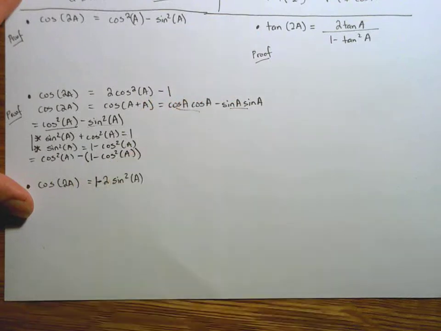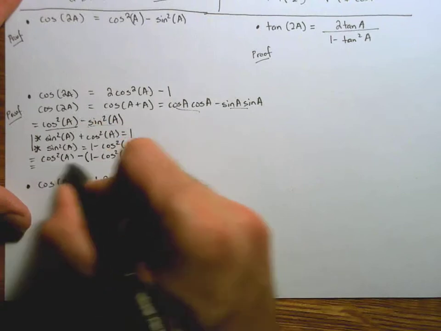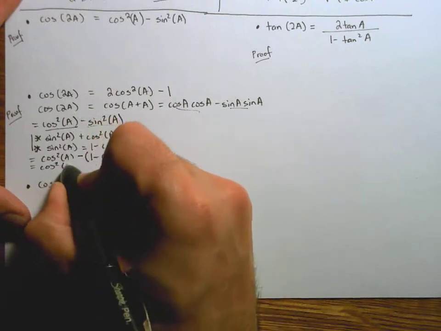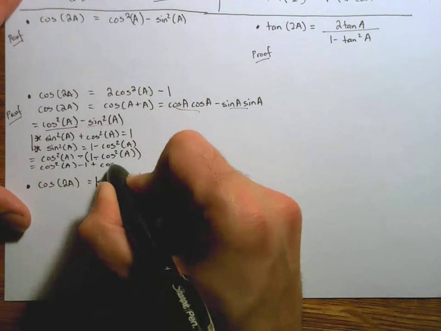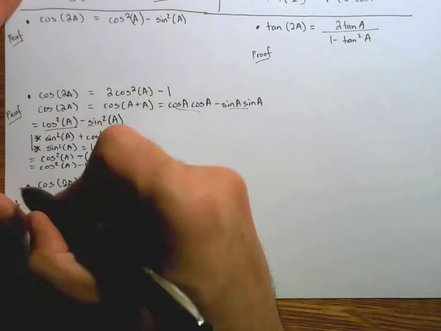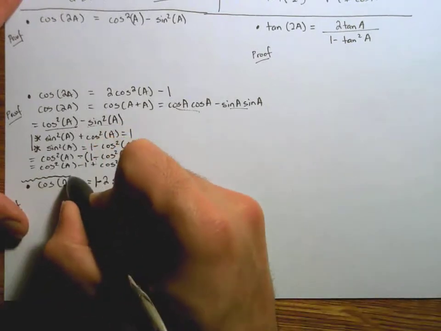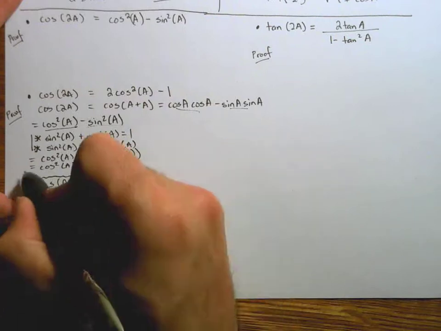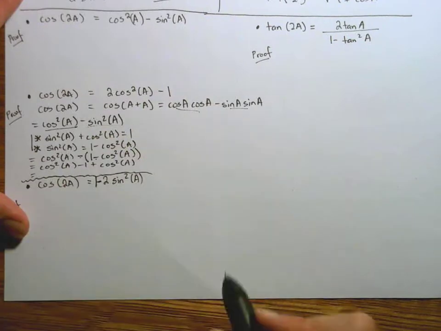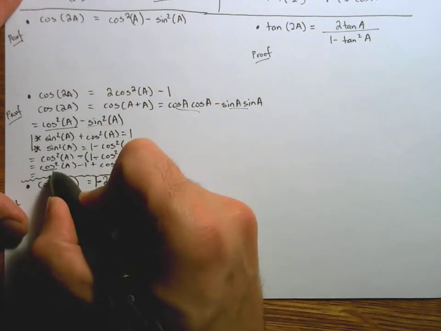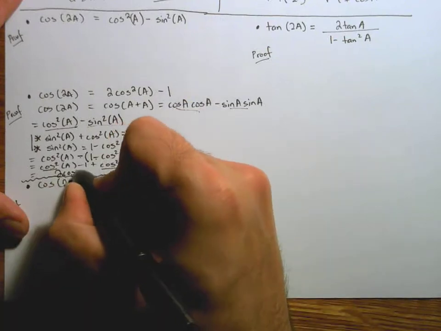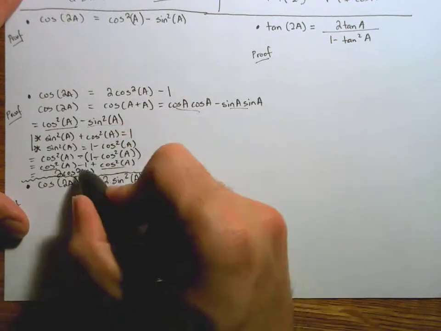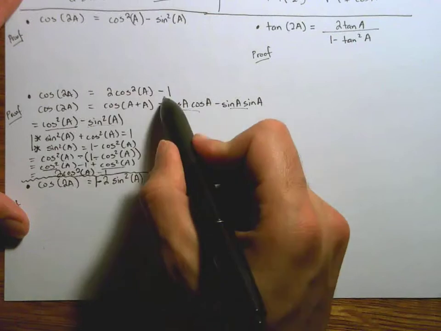So cosine squared a minus 1 minus minus, that's plus cosine squared a. How many cosines do I have? Well, I have 1 cosine squared here, and another, so I have 2 cosine squared a minus 1. That's what I was trying to show. I just proved it. Done.